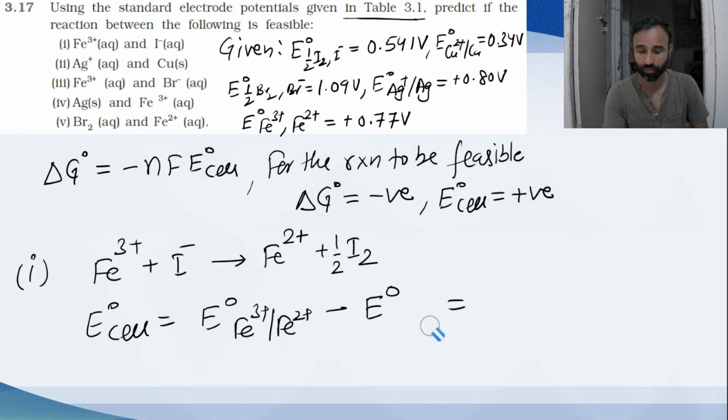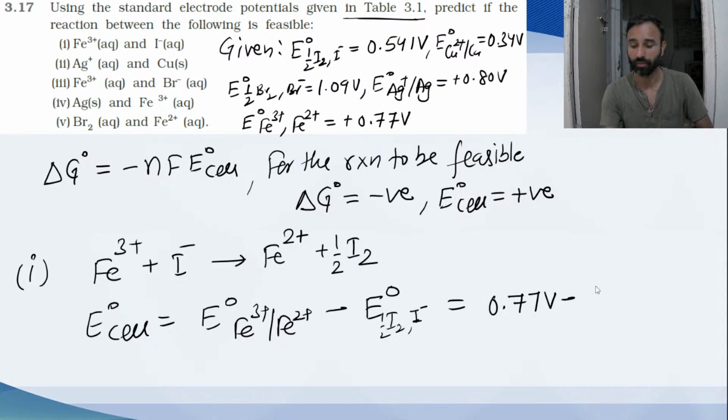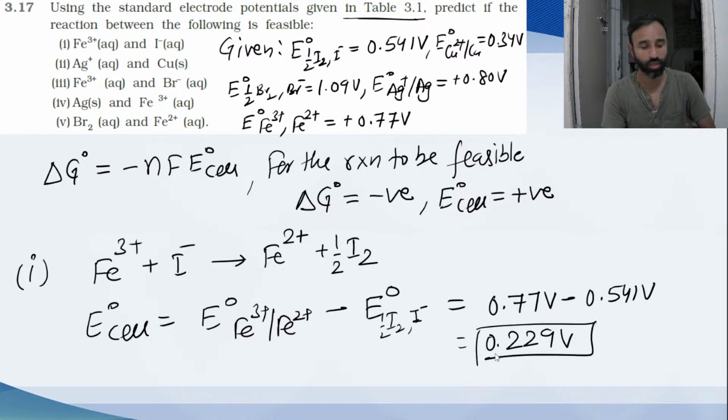The value given is 0.77 volt minus 0.541 volt, which comes out to be 0.229 volt. That means E naught cell is positive.